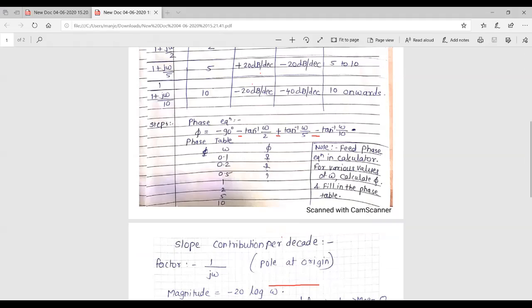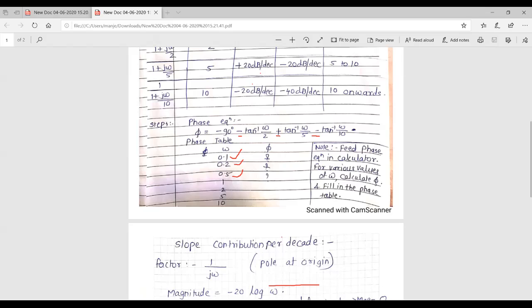Okay. Now the phase table is nothing but, for various values of omega, what should be the corresponding phi. So suppose the values of omega are 0.1, then 0.2, 0.5. Conventionally, these values are taken for calculation of the phase equation.